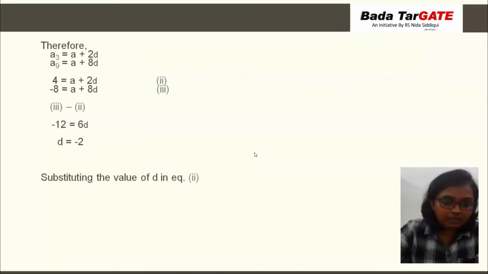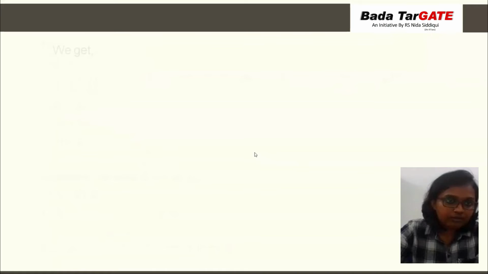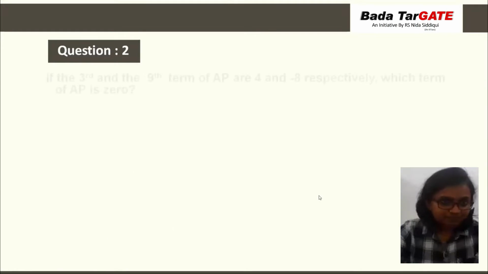So substituting the value of D in equation 2, we will get the value of A, which is 8. So substituting the values of A and D in equation 1, we get An is equal to 8 plus (N minus 1) into minus 2. So we put An is equal to 0, and then we will get the value of N, which is 5.